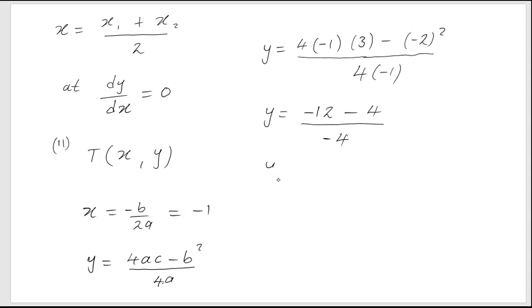Therefore, y is negative 12 minus 4, that gives us negative 16 over negative 4. And the value of y is negative 16 divided by negative 4, that gives us positive 4. Therefore, the coordinates of the turning point: the x coordinate was negative 1 and the y coordinate was positive 4. That is how you find the coordinates of the turning point.